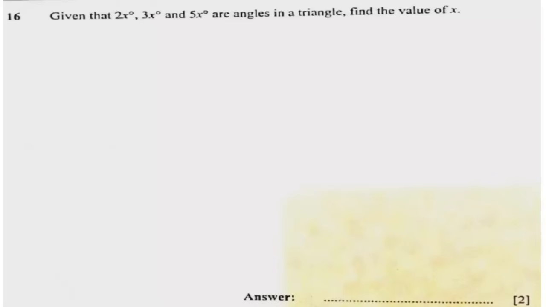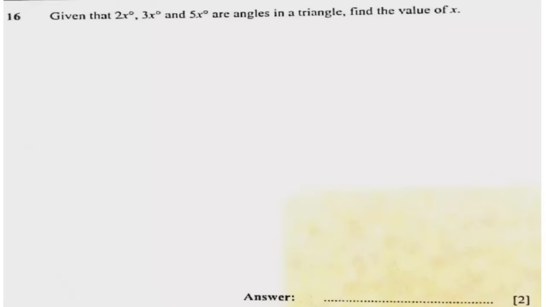Okay, so we have got 3 exterior angles in a triangle, and we have also 3 interior angles in a triangle. So the property that will help us to find the value of x is that the sum of interior angles in a triangle add up to 180 degrees.